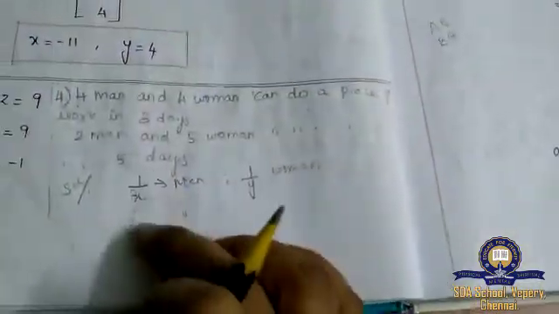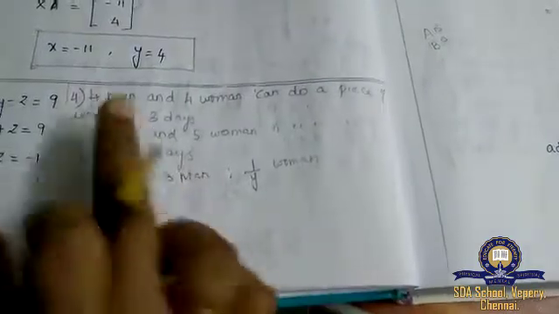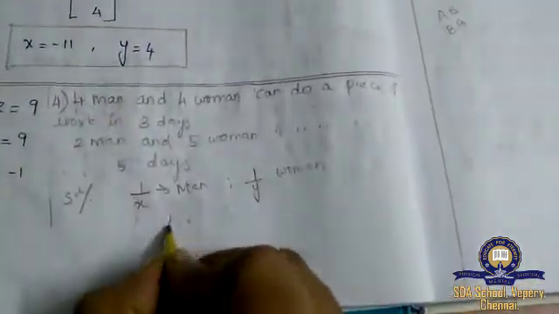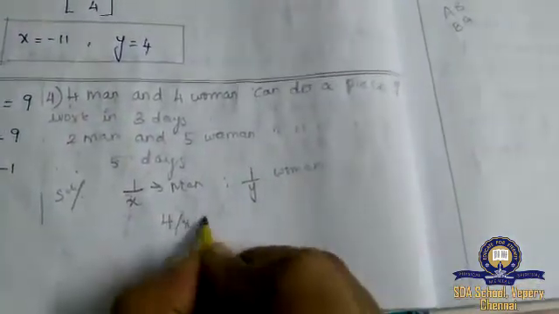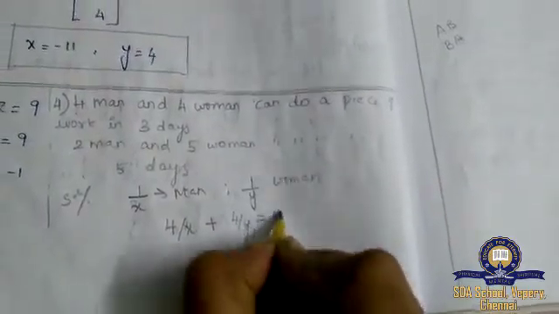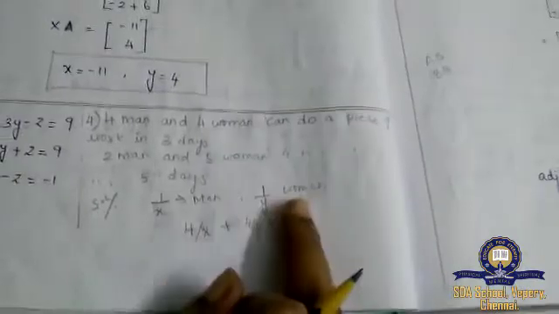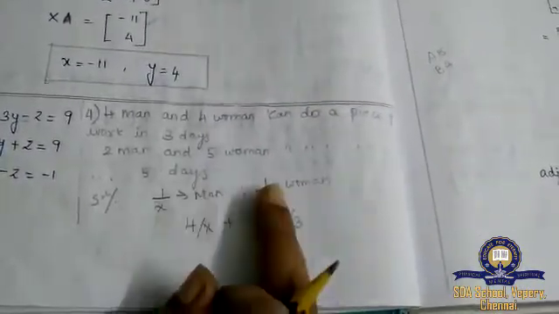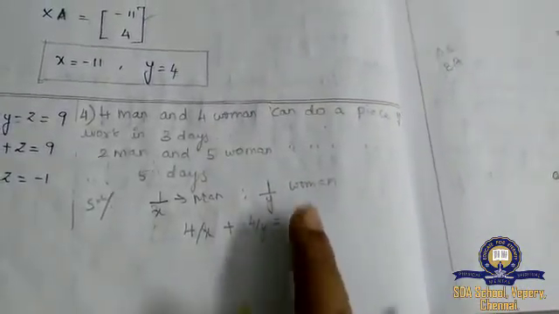So I'm writing it as 1 by x and 1 by y. Now make the equation. So your equation is 4 by x plus 4 by y equal to 1 by 3. Since I am taking this as a piece of work, I am writing it as 1 by 3.